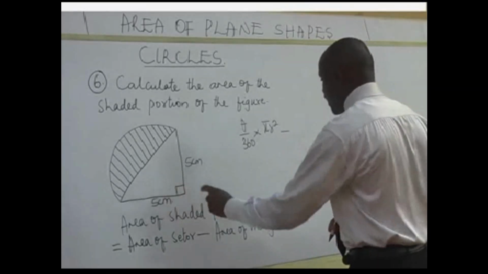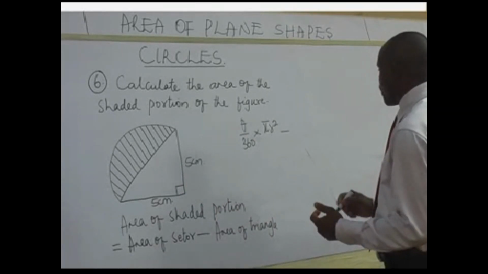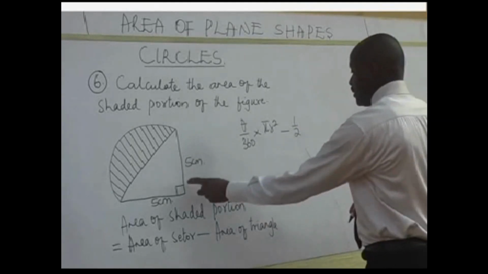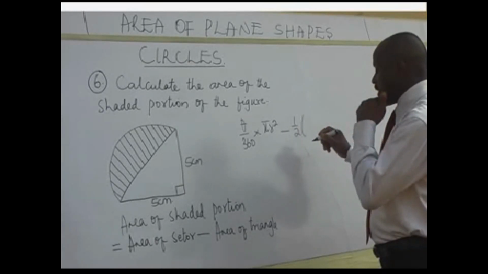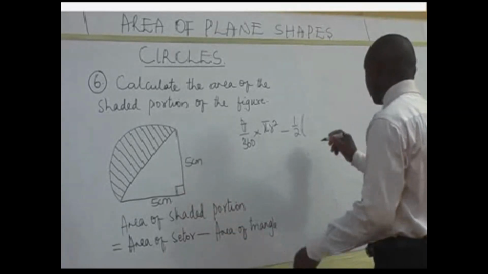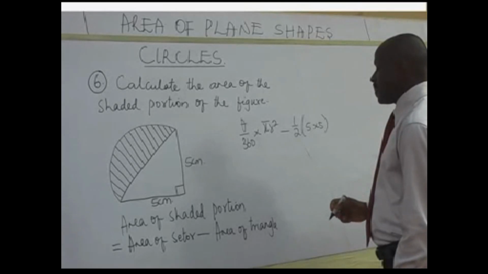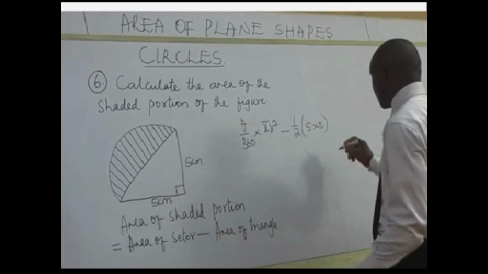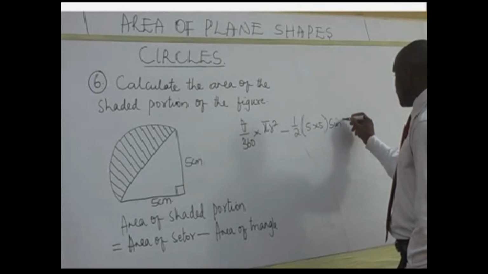The area of this triangle, from the second formula for finding area of triangle, is going to be half the product of the sides that created this angle, 5 times 5, then times sine of the angle the two sides made, which is 90 degrees.